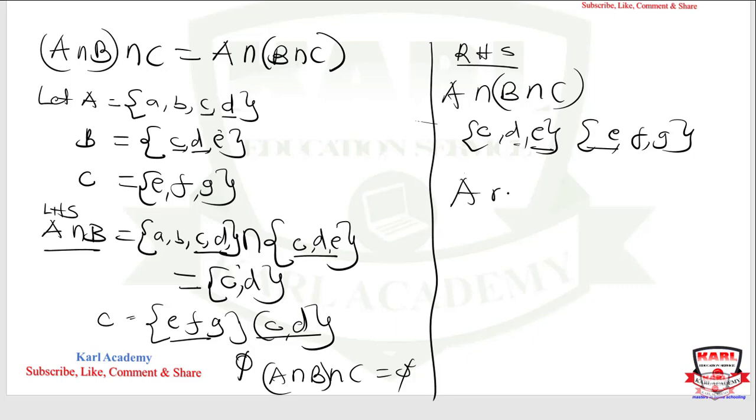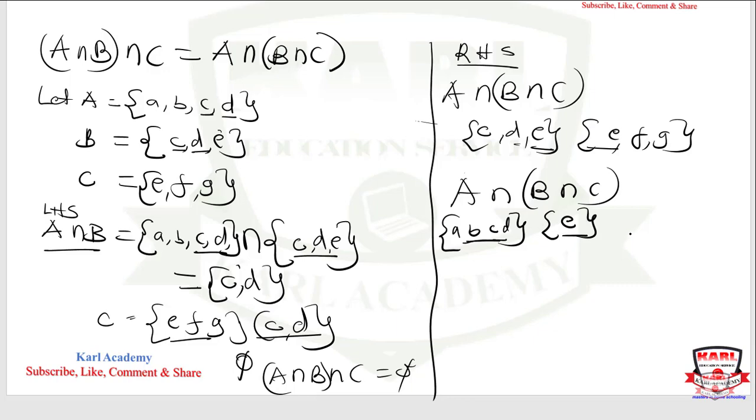So now A intersection B and C. The BC intersection, we get only one element, which is E, and then in A we are having A, B, C, D. So you'll find that these two sets have no common elements between them. So this is an empty set.